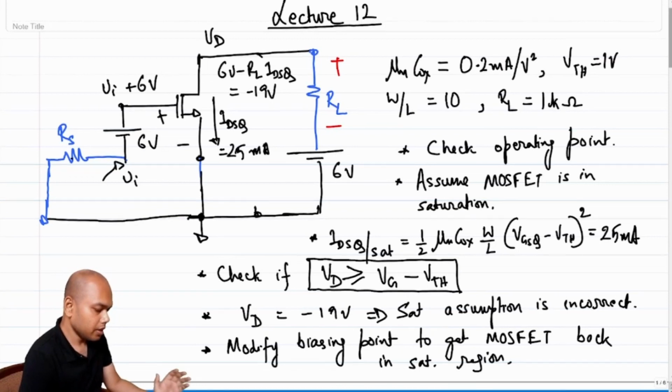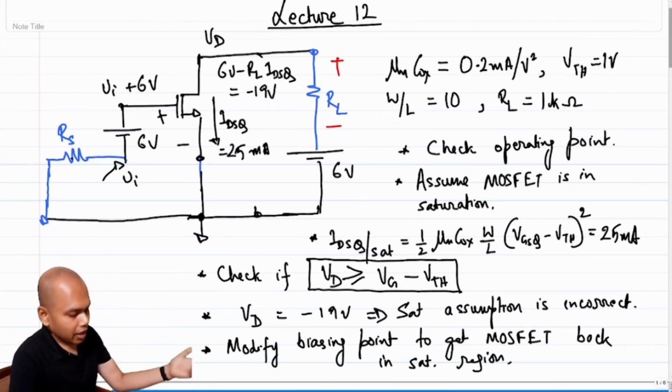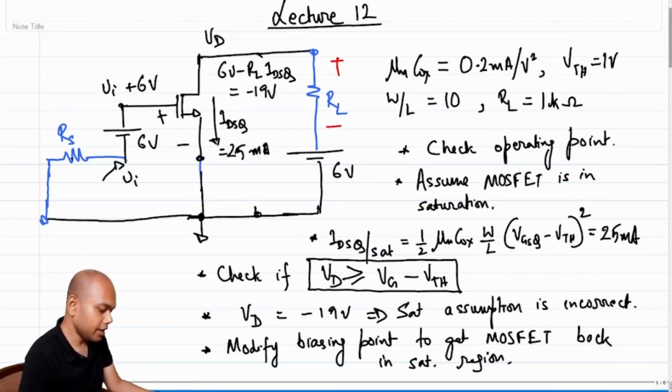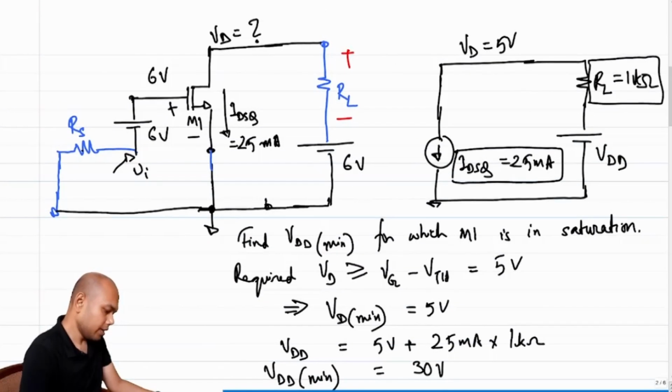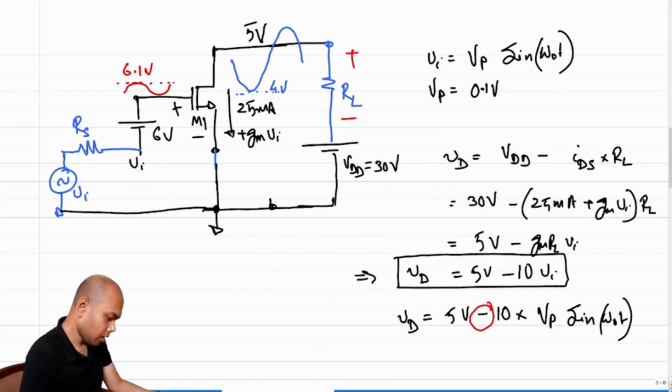So we needed to apply a higher VDD, higher supply voltage on the drain side in order to keep the transistor in saturation. Then we asked, does something change if I apply a sinusoidal input? So clearly, if we apply a sinusoidal input, then it is likely that the transistor might go out of saturation.